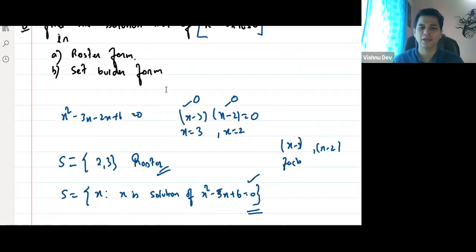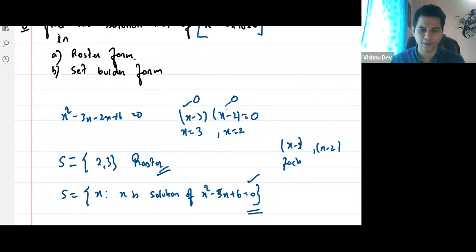We solved some problems based on set builder form and roster form. I guess everyone has a clear idea about what is set builder form and roster form. Yes or no? Raise your hand, everyone. This is clear. Okay, very good.